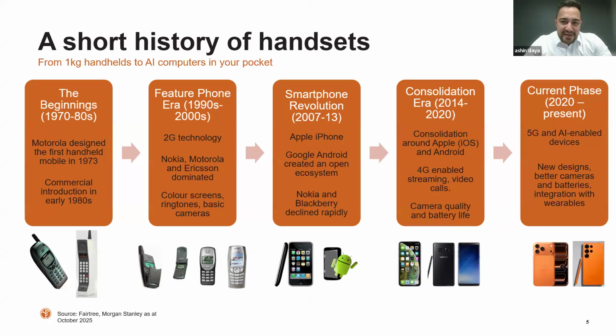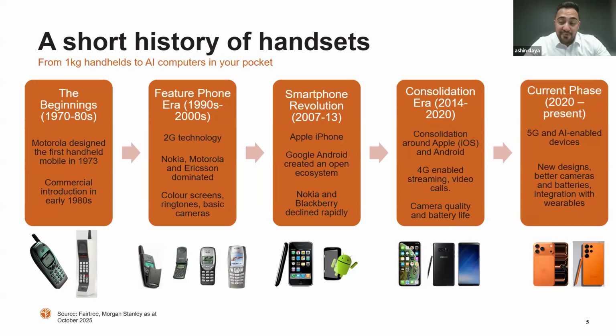Okay, so what I've got here is a short history of the handset market. Just looking back at history, the innovation that we've seen has been incredibly impressive. If we start in the 1970s and 1980s, the first prototype for a mobile handset was designed in 1973 by Motorola.